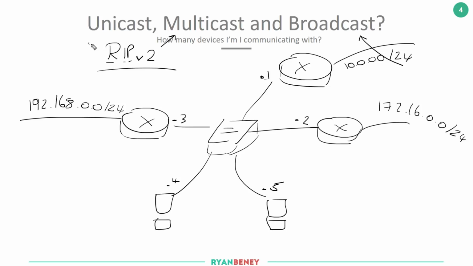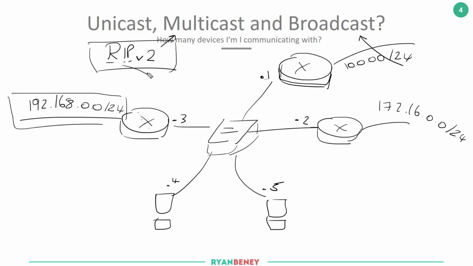Now the responsibility of RIP is to advertise the routes, or advertise prefixes, to one another. So for example, let's say this router here is aware of 192.168.0.0/24, but this particular router doesn't know how to get to 192.168.0.0/24.